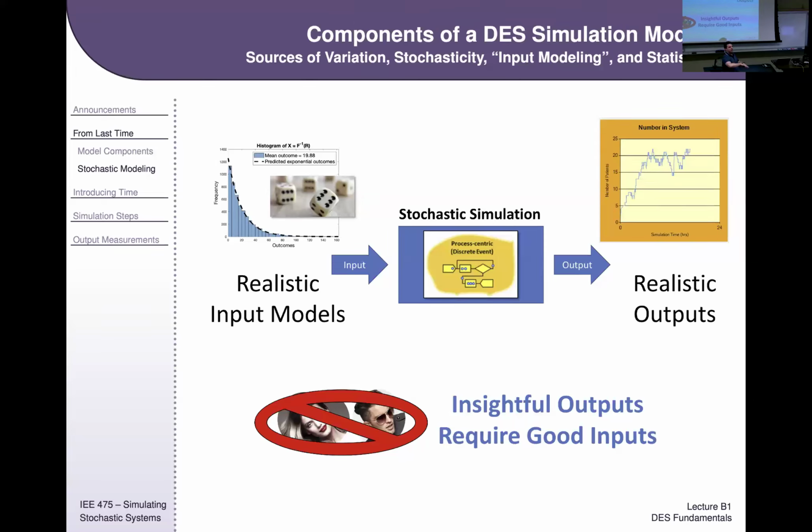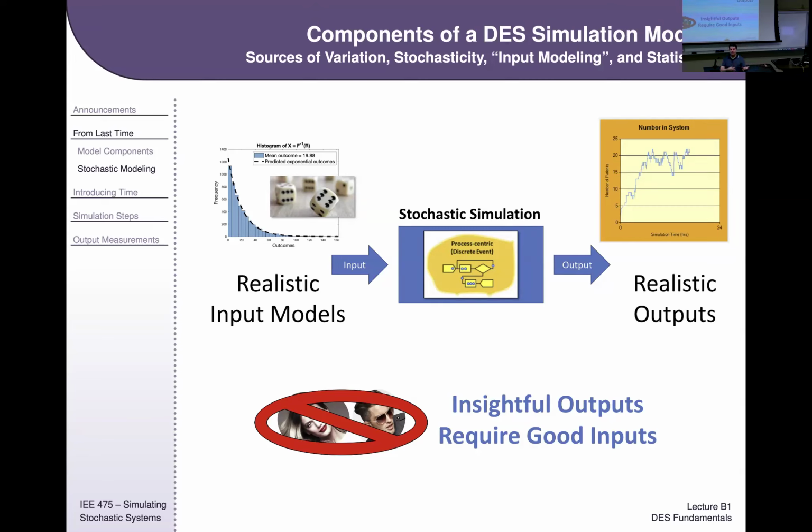And given that they're representative samples, we pipe them through the airport model, and then suddenly the output variation we might be able to trust. Given that you gave us good inputs, and given that your flow chart looks like a real airport, it passes face validity, with those two things together I can trust the outputs. So if you show me outputs that show an improvement in performance, I can trust them because I trust your inputs.